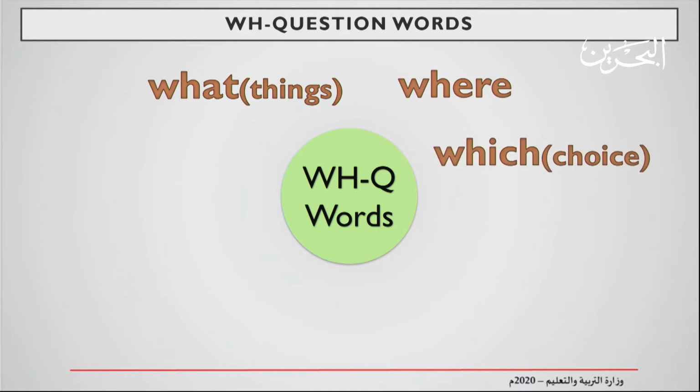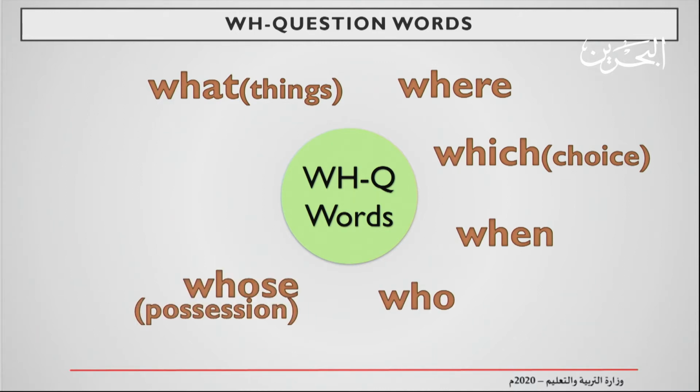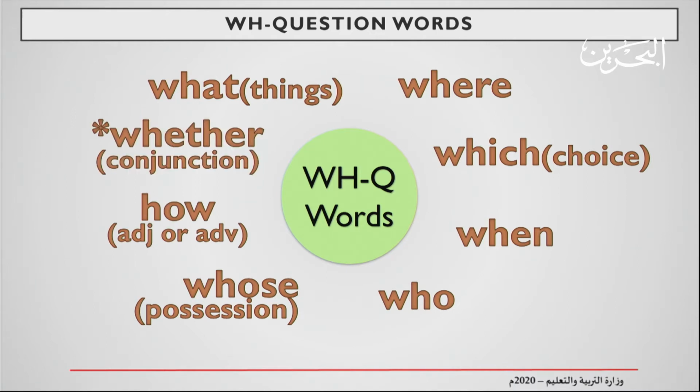Where for places. Which as a choice. When. Who for people. Whose for possession. How, adjective or adverb. And then whether. This is not a question word, it is a conjunction, but you can use it with them. And it starts with WH.